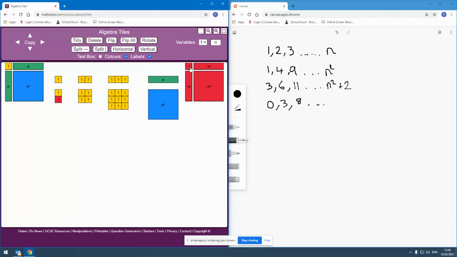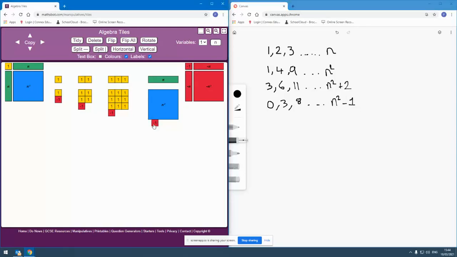To make 4 into 3, I did that. And of course, potentially you might actually pair those, but I want to be able to see the original 1, 4, 9. And to turn 9 into 8, I did that. So what would you do with the general square? And again, in the general square, we do that. And that's clearly therefore n squared minus 1.